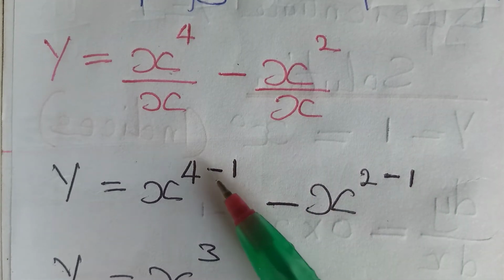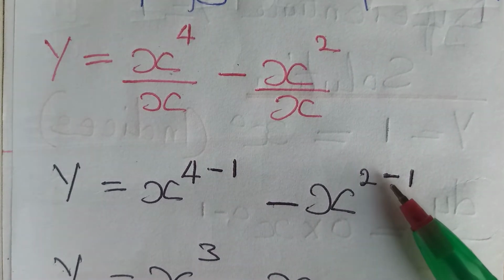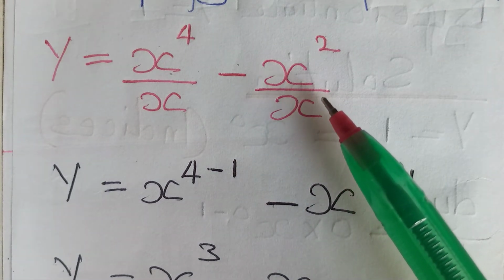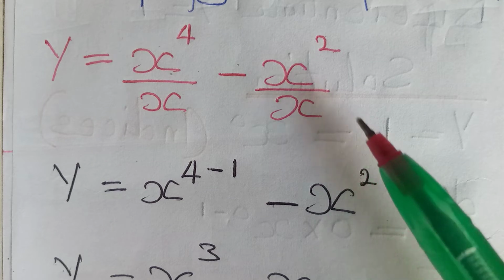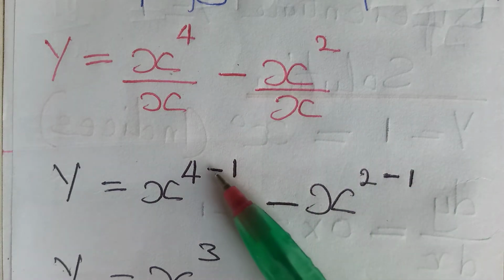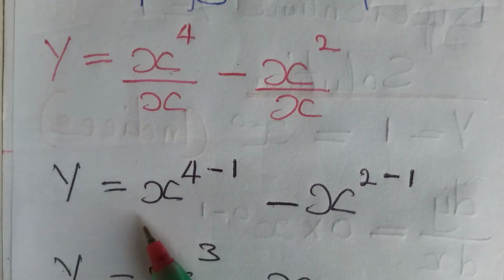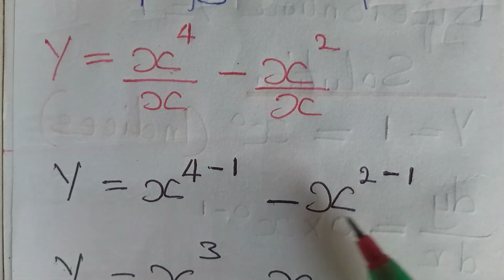Why do we bring in this subtraction? Simply put, division in indices changes to subtraction. You can recall that in one of the laws of indices. So when you have this, it is very easy to simplify.